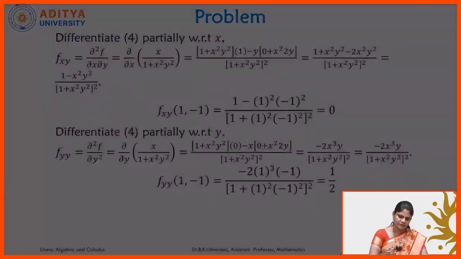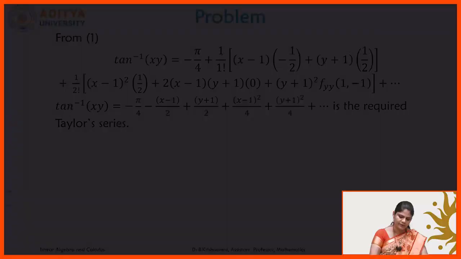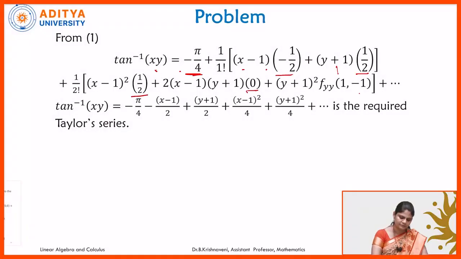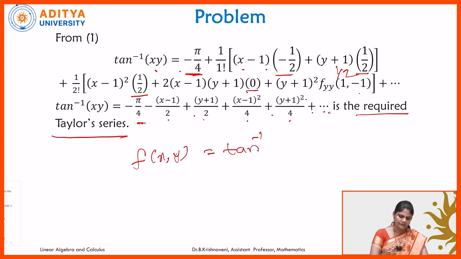What you got, that value is equal to, need to replace that with 1 by 2. Here you can write 1 by 2. So which can be written as tan inverse xy is equal to minus pi by 4 minus of x minus 1 by 2 plus y plus 1 by 2 plus x minus 1 whole square by 4 plus y plus 1 whole square by 4 plus so on, which gives the required Taylor series for the given function f of xy, which is given by tan inverse xy.